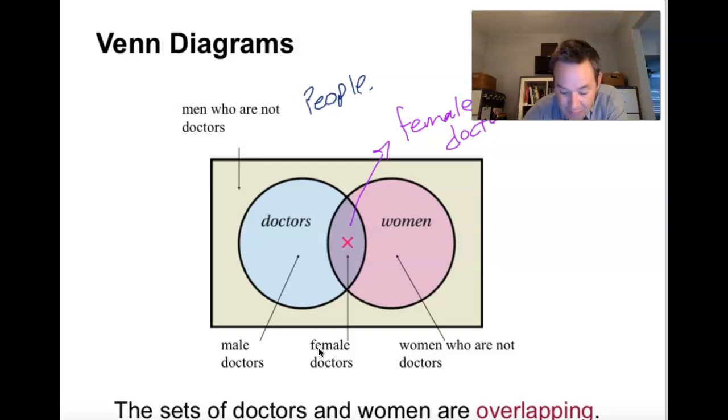Now, it is important if one is specifically a subset of the other that you completely contain it within the superset. So let's see, everybody who is a doctor went to school. So if I look at the subset of people who went to school, all doctors went to school.